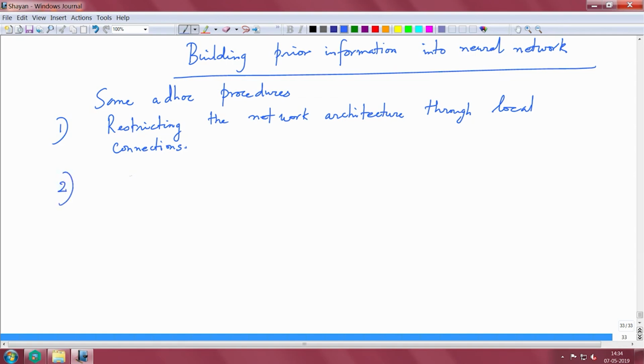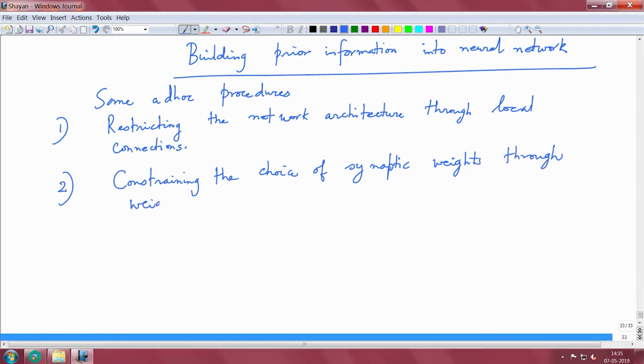The other would be by constraining the choice of synaptic weights through weight sharing.